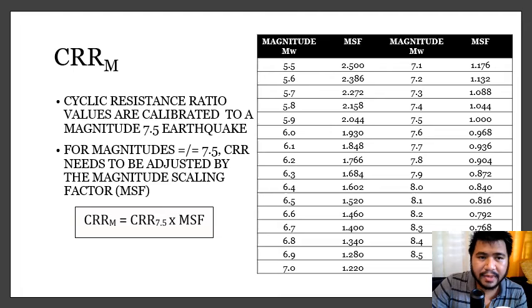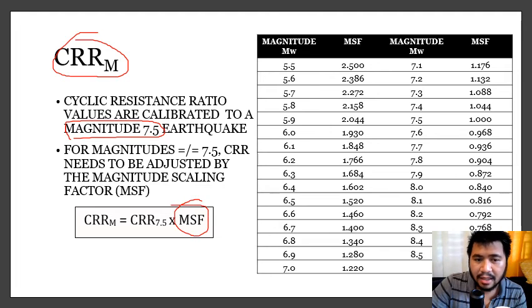All right, CRR M, again, this is the correction for the cyclic shear resistance. If your earthquake source is not 7.5 in magnitude, you have to apply the magnitude scaling factor. So CRR M is the cyclic resistance ratio for the magnitude of your earthquake in question.